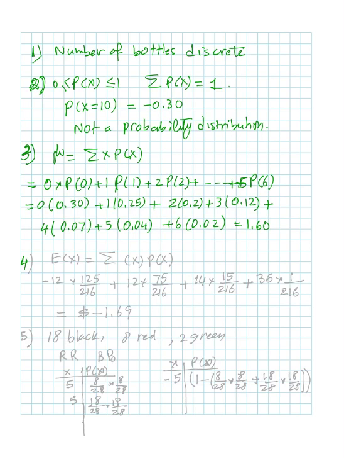Plus 4 times 0.07 plus 5 times 0.04 and plus 6 times 0.02. You guys, you just plug in the values into the calculator and get the answer. It turns out to be 1.60. Number 4.